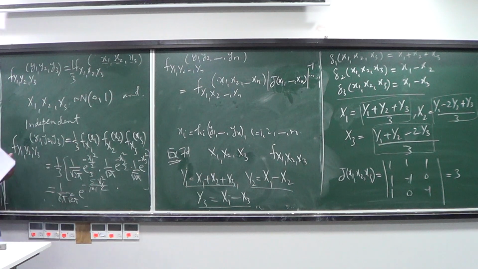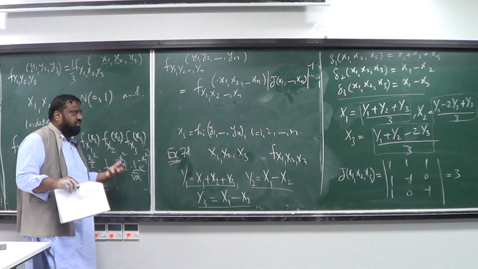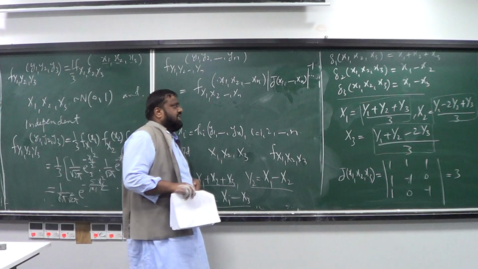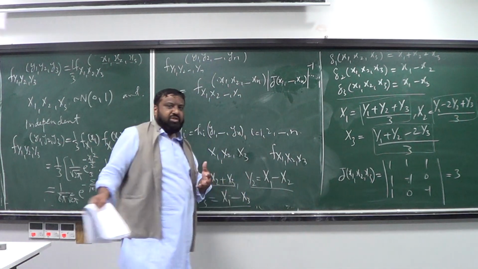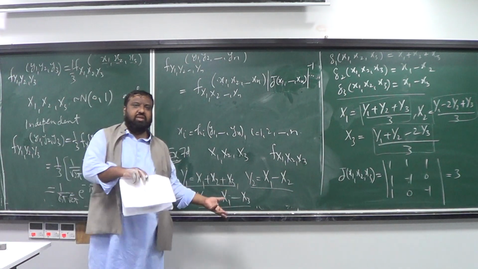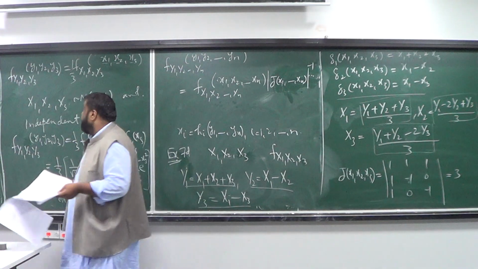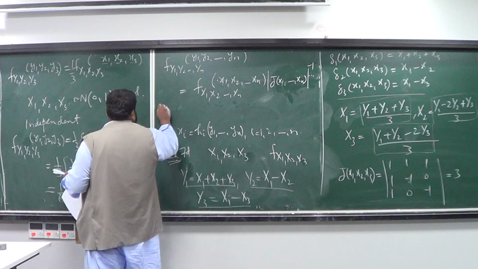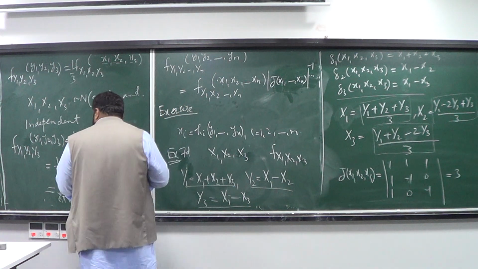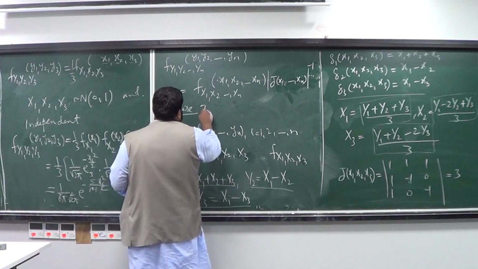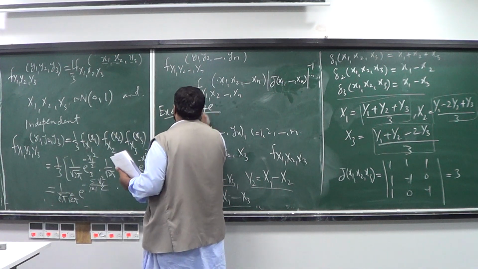I hope it gives you some sense that you can even generalize this transformation formula into higher dimensions and compute the probabilities. I leave it as a reading exercise for you to completely work out example 7e.